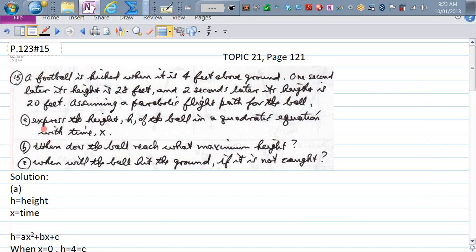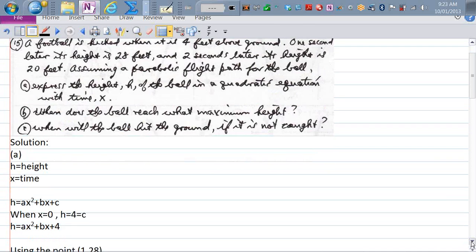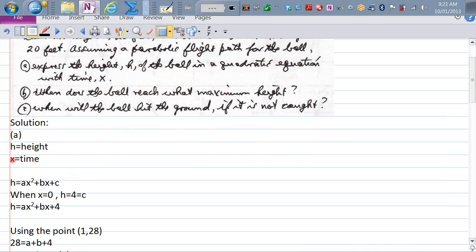So first thing we have to do, express the height of the ball in a quadratic equation with time x. So as we said, h is the height, and x is the time. We've got to get an equation h equals ax squared plus bx plus c.